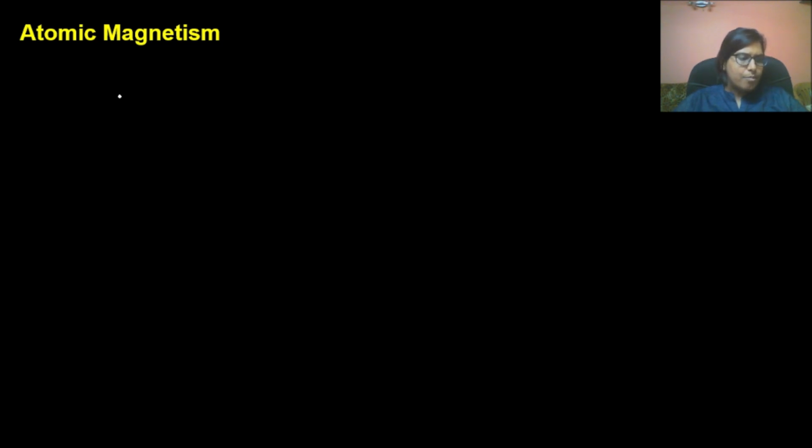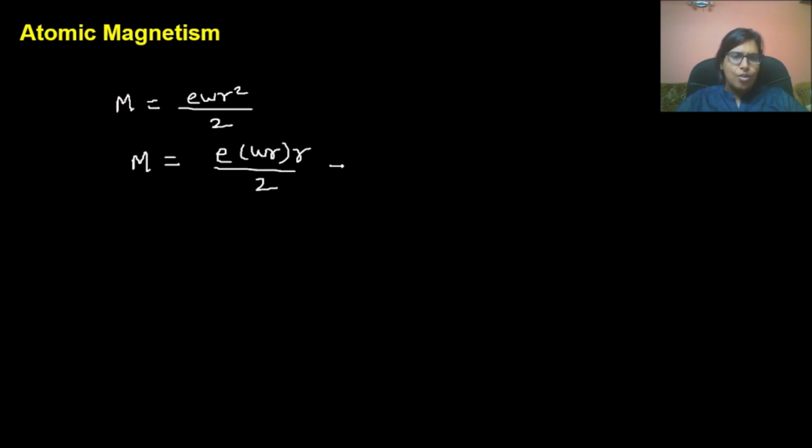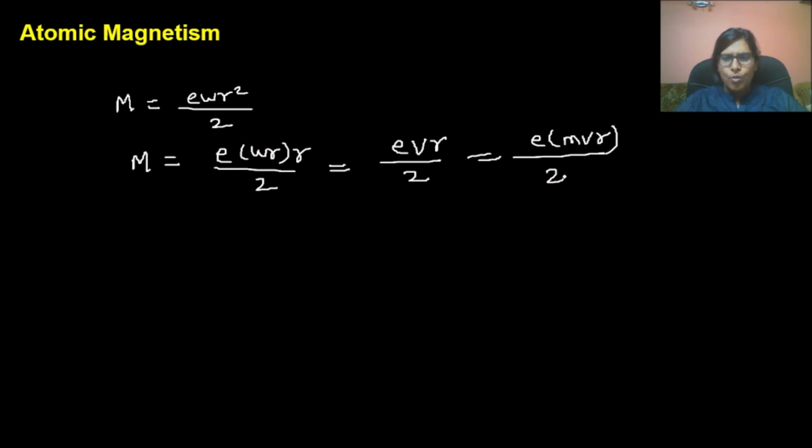So what was the equation of the magnetic dipole? e into omega into r square upon 2, and we can write M equals to e into omega r into r by 2, and this becomes e into v into r by 2, or we can write e m v r upon 2m.